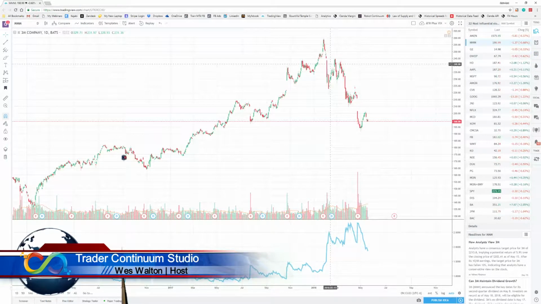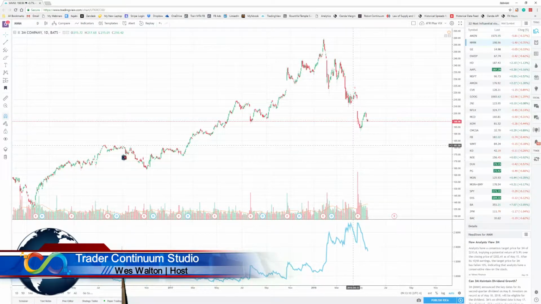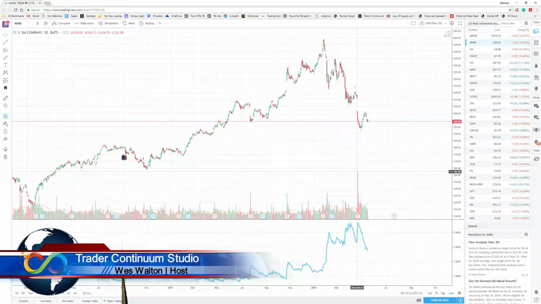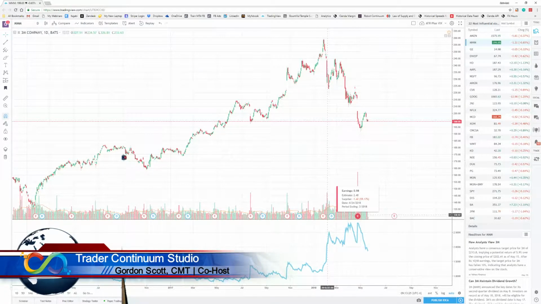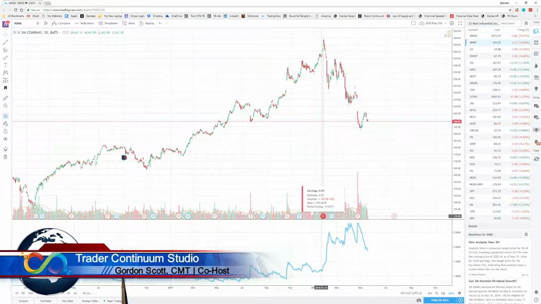You cannot move this stock this way, these huge volatile moves, without institutional activity. So this is like 10 million shares the day after earnings. Earnings came out with an extremely negative surprise. The $2.40 estimate of earnings turned into 98 cents, and that was really disappointing for people.